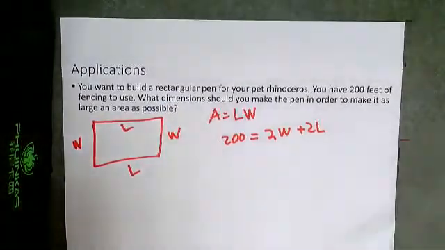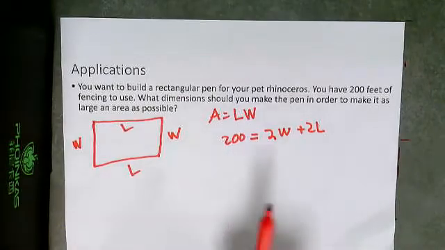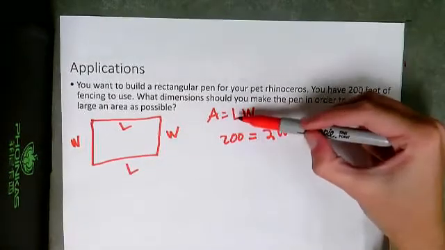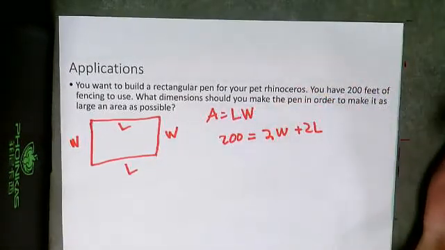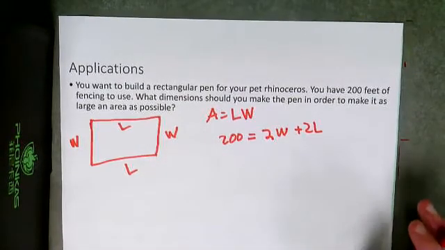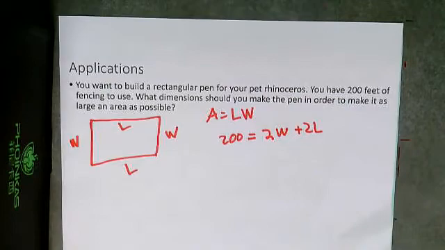Now, in order to find out what dimensions we should use to make the pen as large as possible, area is in terms of length and width, 2 different variables. We need to condense that and make it into one first. So we're going to use the perimeter equation to solve for one or the other.